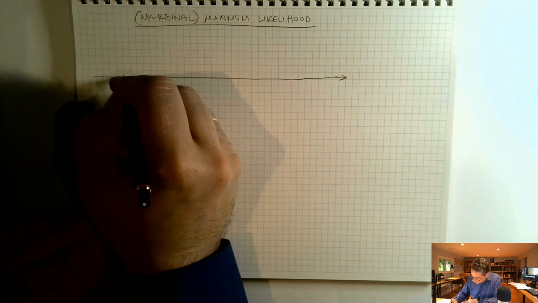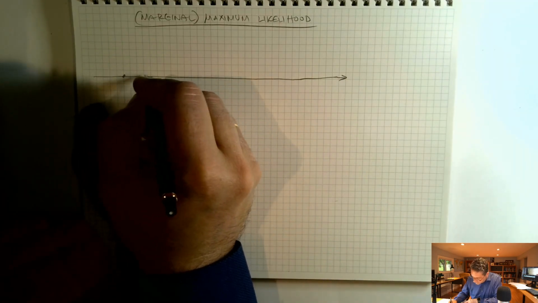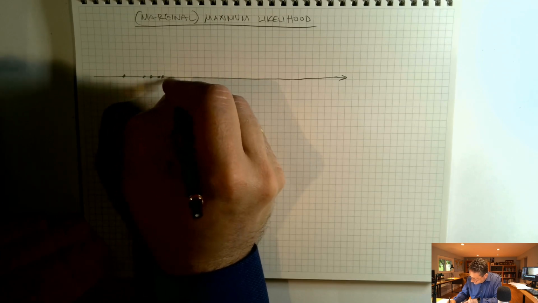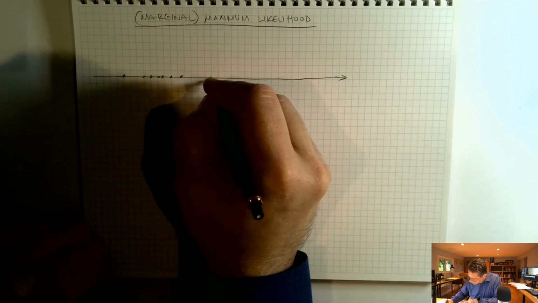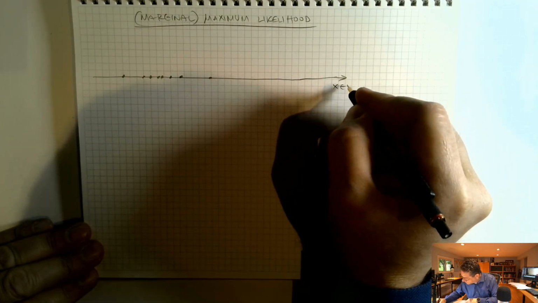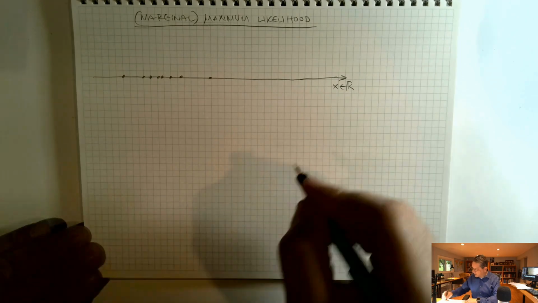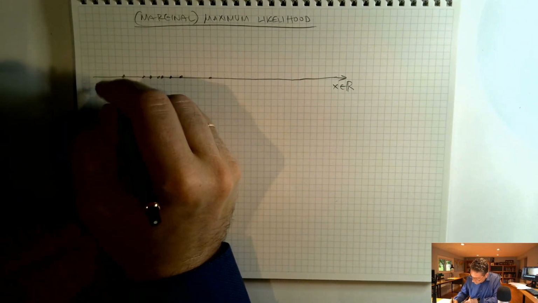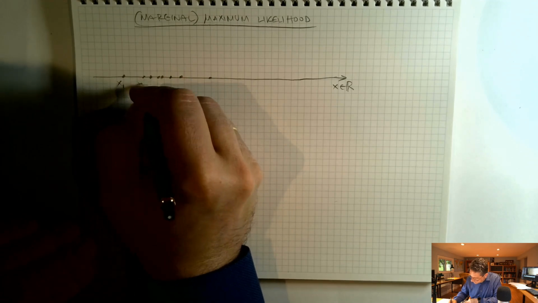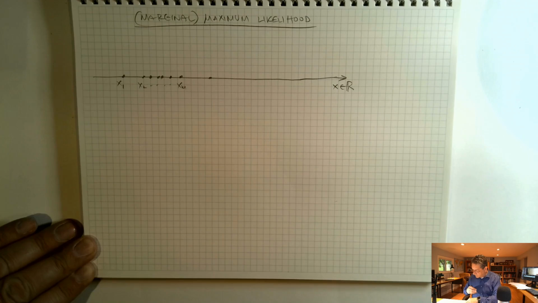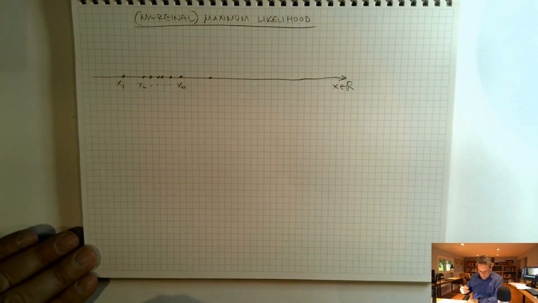In other words, I'm giving you a data set that consists of real numbers, just x's, scalar numbers on the real line. Let's call them x1, x2, all the way to xm. M real numbers on the real line.